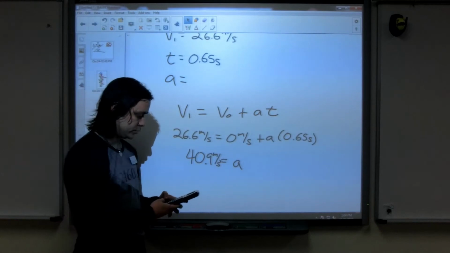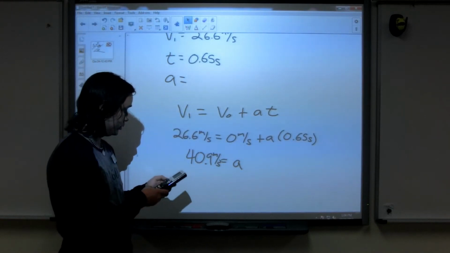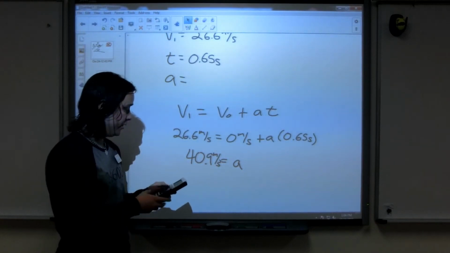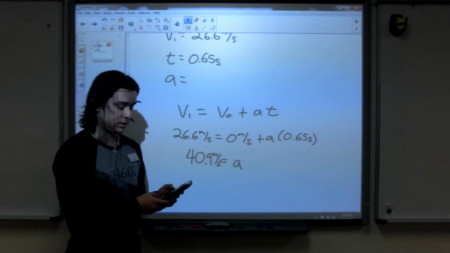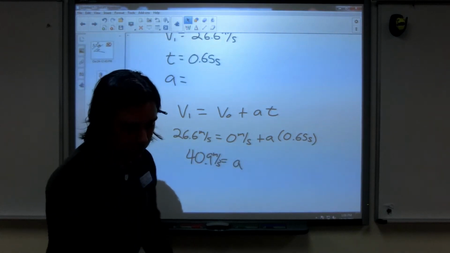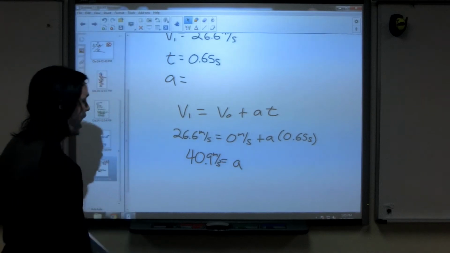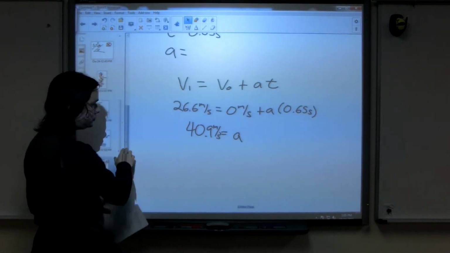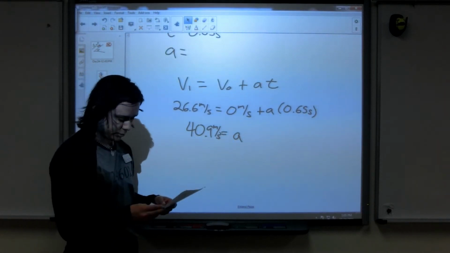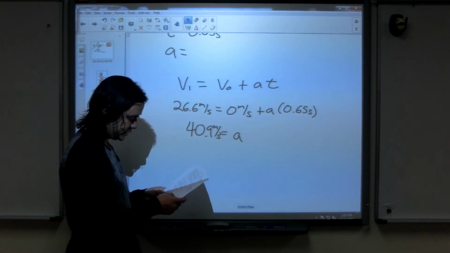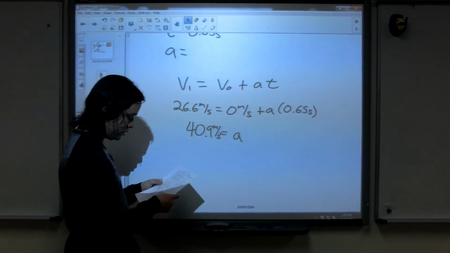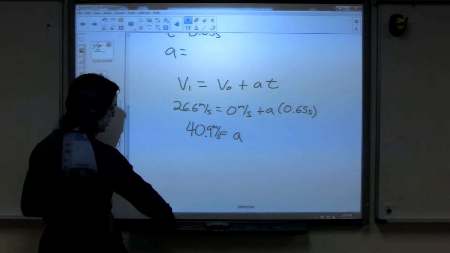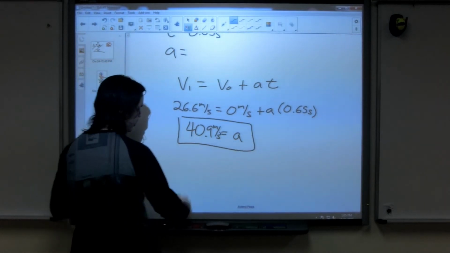We haven't talked about this directly in class yet, but we will at least in passing. This comes up to 4.2 Gs. That's quite a bit. This is a very high acceleration. But here we go, there's our answer. The answer that it has listed for me is 40.92 meters per second squared. So this is all we're looking for in part one.